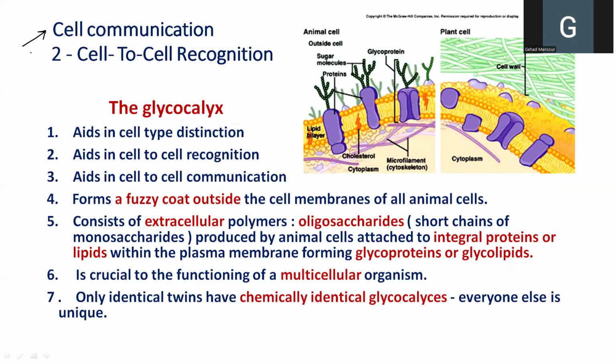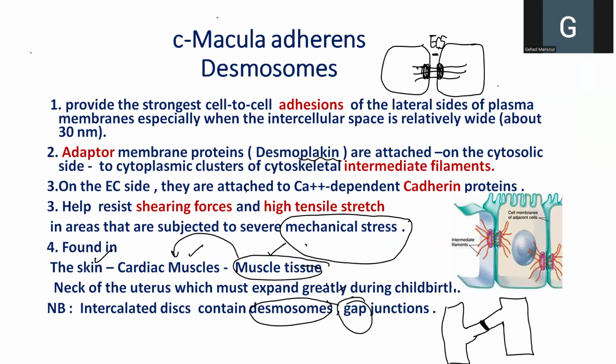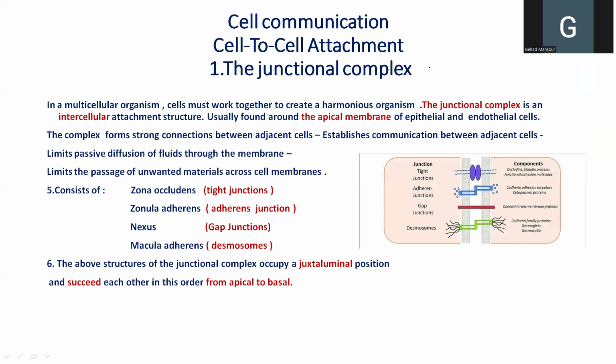And here we have already tackled one aspect of cell communication, which is the cell-to-cell attachment or the junctional complex, but this is a more or less physical connection, meaning that out of the 4 examples in the junctional complex, the tight junctions, the adherent junctions, the desmosomes, and the gap junctions, 3 of them were essentially physical connections between cells that are adjacent.